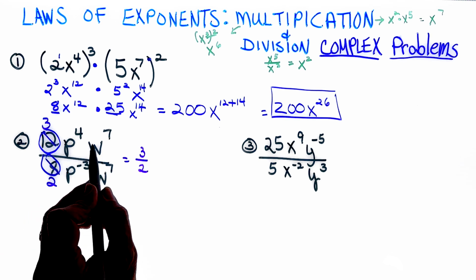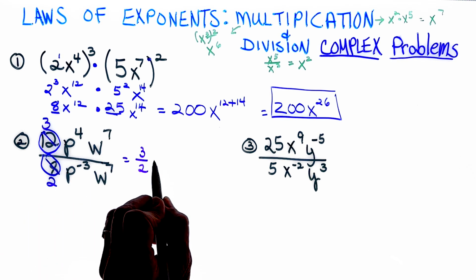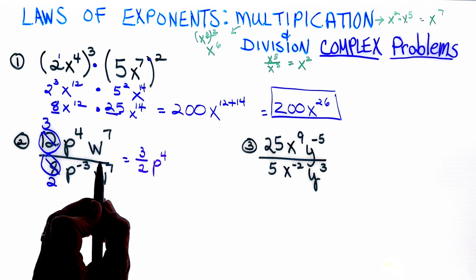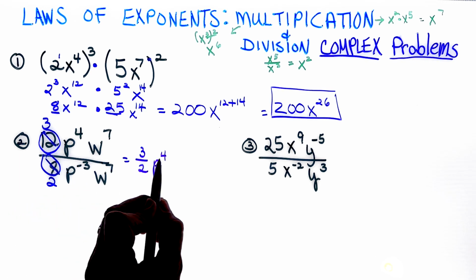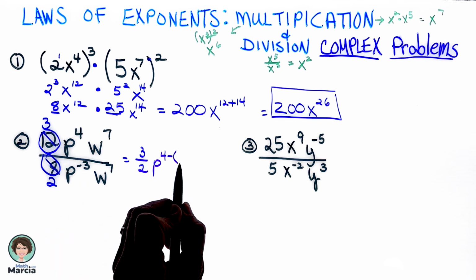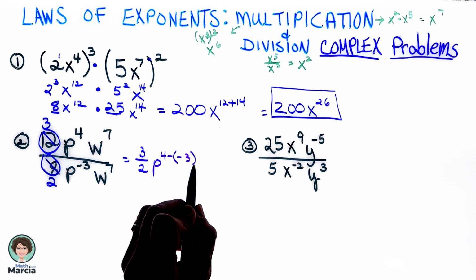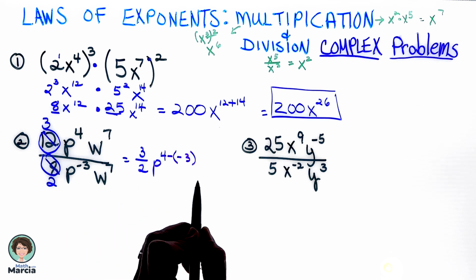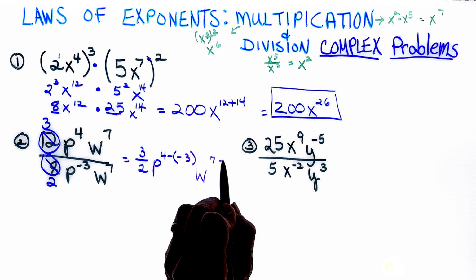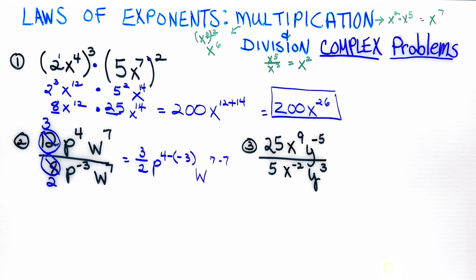When I'm writing this, I'm going to write 3 halves. And now I'm going to write a little subtraction problem. I have p to the 4. Remember, this is a division problem, so we subtract our negative 3. And then it's going to be w to the 7 minus 7.